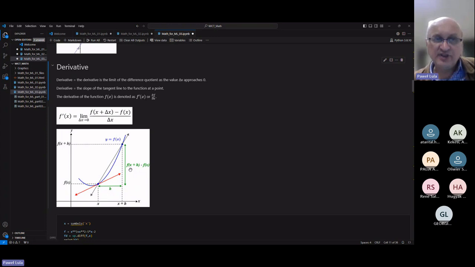So it is a definition, but the graphical interpretation is related to the tangent of the angle between the line which touches this function and the x-axis.